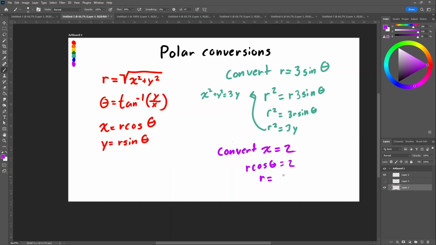You can just do r is equal to 2 over cosine theta. And then if you want to keep it looking nice, you can do r is equal to 2 secant theta. And that's how you solve those two.